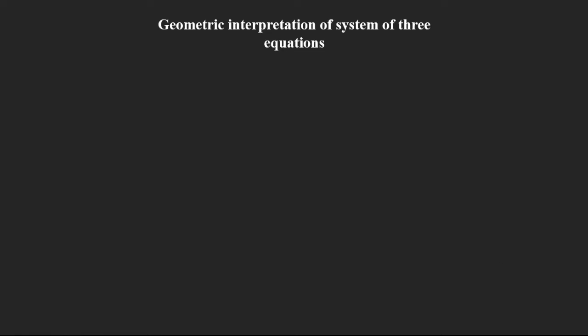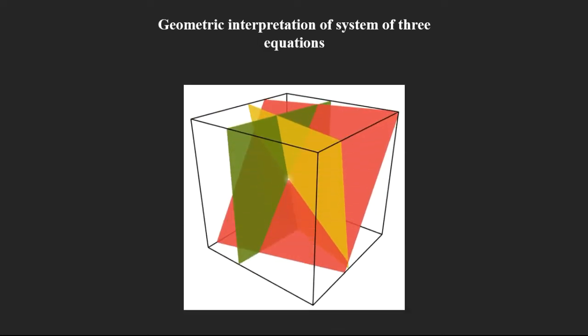Now let us see what happens with a system having three linear equations. If the system has three linear equations, then there will be three unknowns, and when we plot each equation, it gives us a plane.